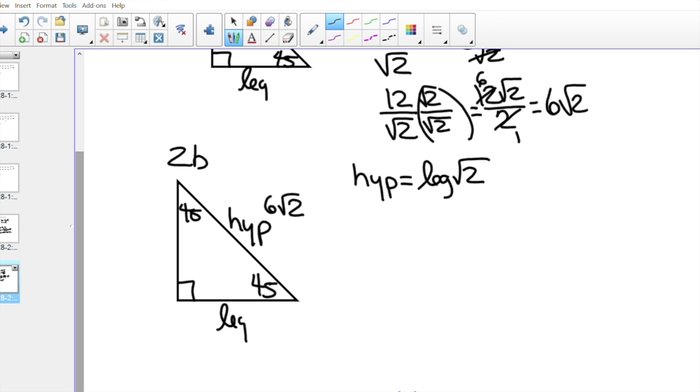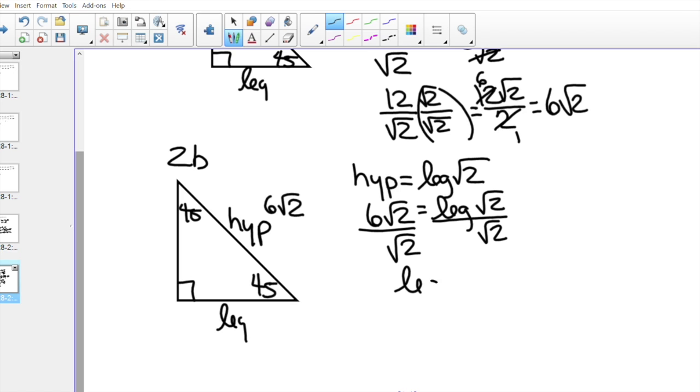Now that's in a 45, 45, 90 degree triangle. So the hypotenuse is 6 times the square root of 2, and this is the leg times the square root of 2. Divide by the square root of 2, and the answer would be 6. Cancel the square roots. And that would be the way you do number 2B.